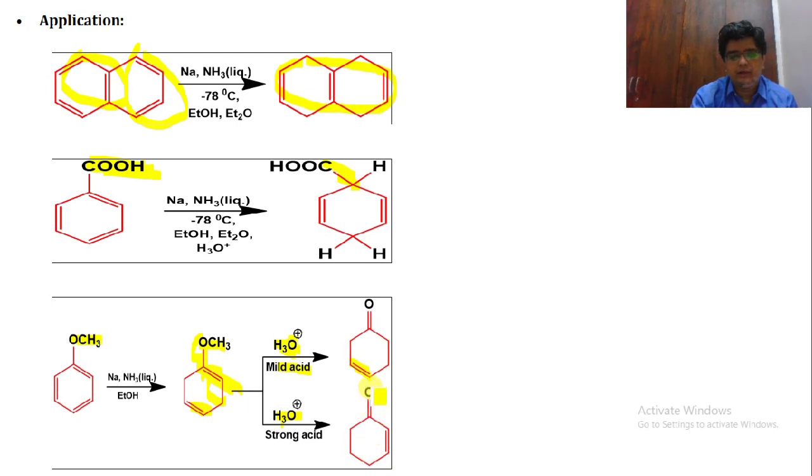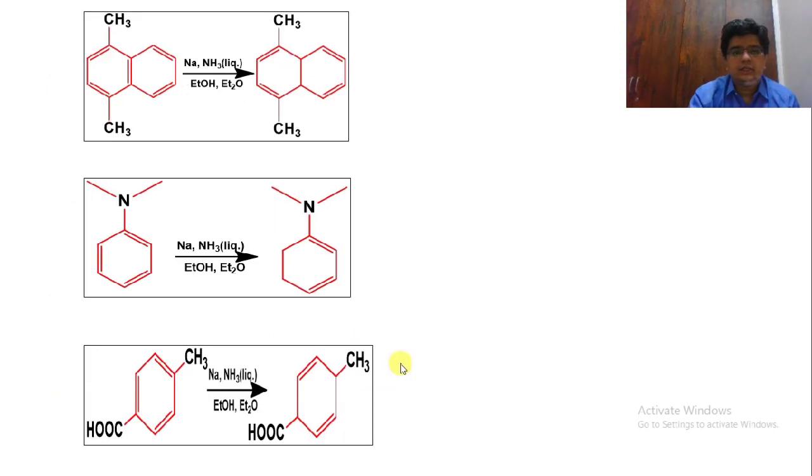So here we are having 1, 2, 3, 4. Okay, so this is an alpha beta unsaturated ketonic group. So in a strong condition you can produce this type of intermediate, and in a mild condition you are having this type of product. Now let us understand some more examples of the Birch reduction.